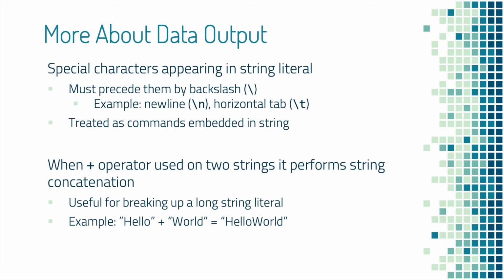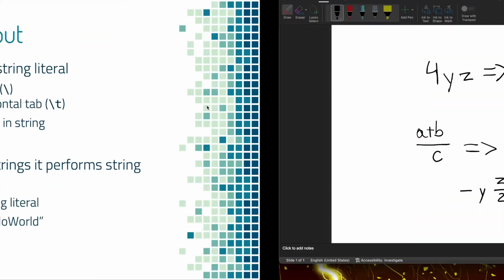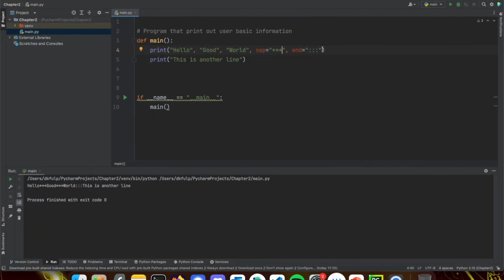So one other thing to keep in mind is that when you're using the actual data output, we have special characters as well. So we have special sequences that are escaped out inside of strings with a backslash. So what this means is if we use \n or \t, it changes things. So for instance, if I come over here, let's go ahead and simplify this back down again.